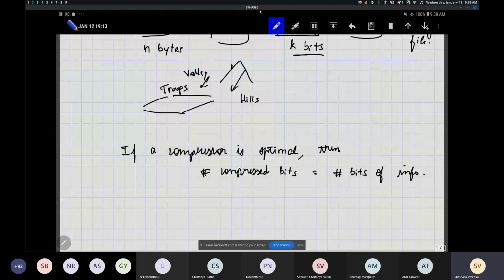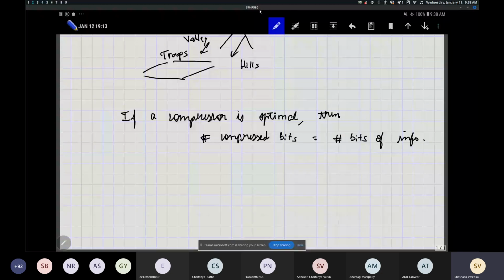Okay, I guess you're right in some sense. But right away I'm going to give a more formal definition of what I mean by information, and maybe you'll see that such a scenario doesn't arise. It's a valid point.